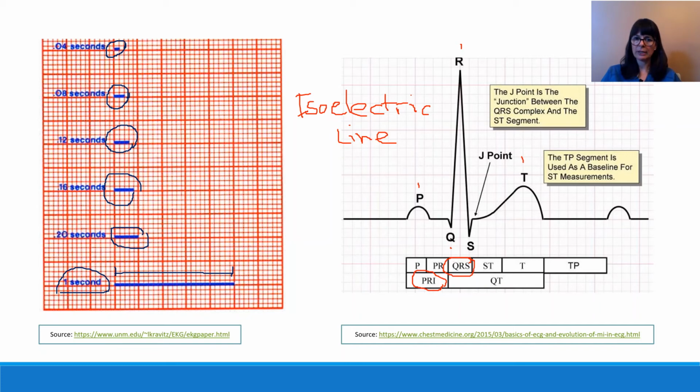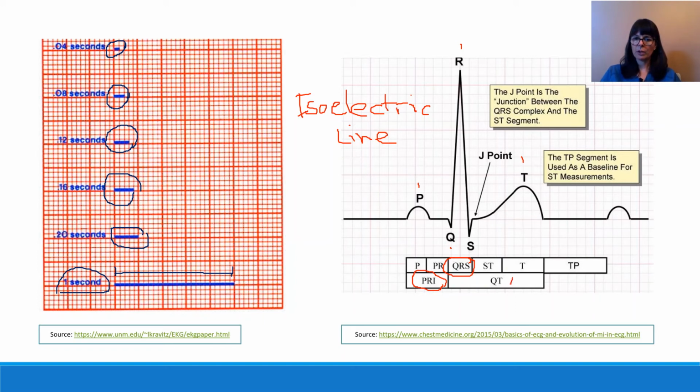And so this J point is here when the S segment returns back to this isoelectric line. Now, if this S segment was going to come all the way up here and then go into the T wave, then we would have ST elevation. And if the S segment doesn't go up but actually stays down here and then goes up into the T wave, then this would mean ST depression. But watch the next video for a more detailed explanation about that.